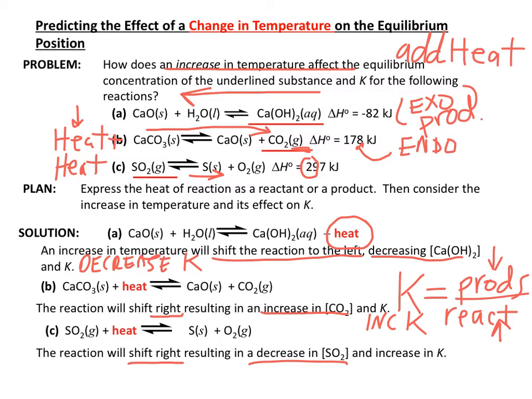The reaction is shifting to the right, and products will be increasing, reactants will be decreasing, so overall K will be increasing. Okay, so that's basically how that works in terms of the effect of temperature on an equilibrium constant, and shows you the differences between exothermic and endothermic.